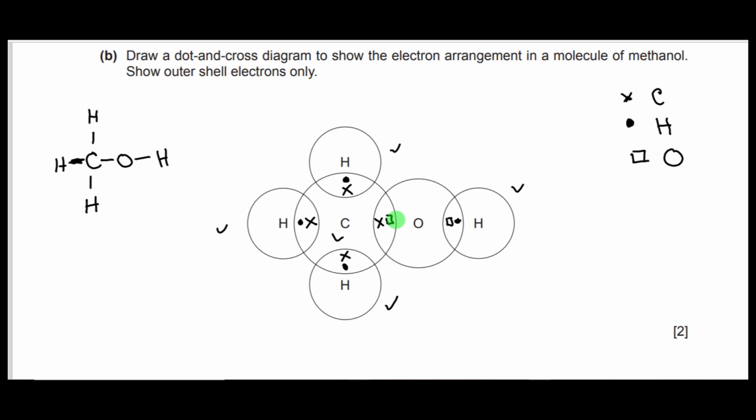Now oxygen has 1, 2, 3, 4. It's meant to have what? 8, because its configuration is 2, 6. It has 6 electrons in the outermost shell before bonding. But from what we have here, we have only 1, 2. So after bonding, it's meant to have 6 plus 2. It's meant to have what? 8 what? Electrons in the outermost what? Shell. But how many does it have here? 4.